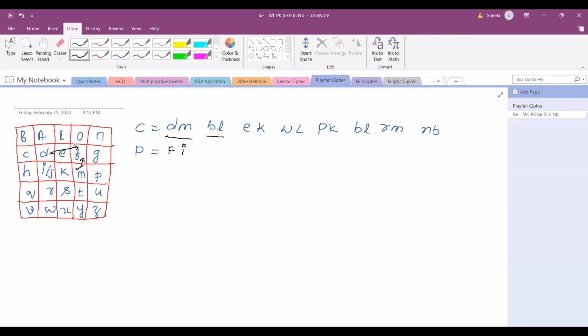The fourth rule will remain the same: for whichever letter we want to find in the plain text, I need to consider its corresponding row and the column of the next ciphertext letter.